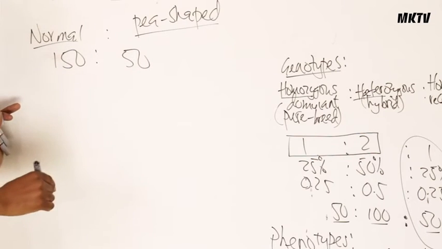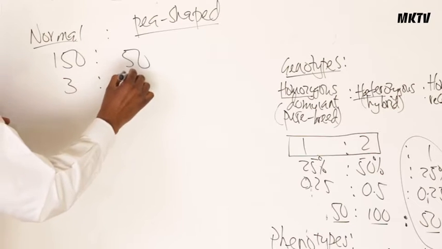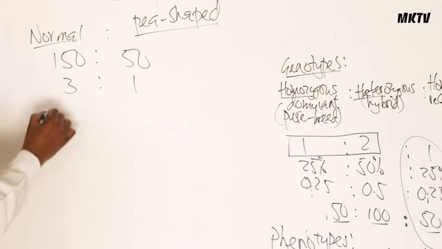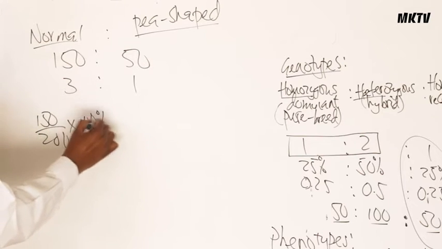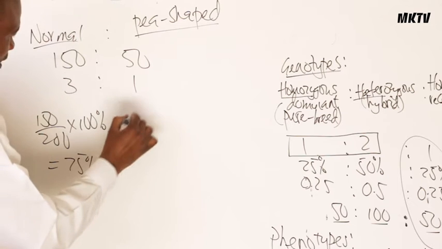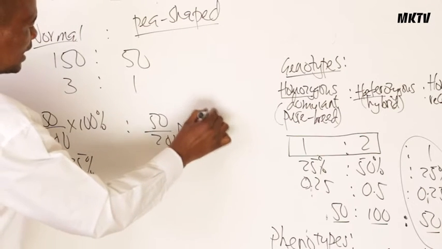If you check your numbers very well, if you apply your maths, you see that the ratio is going to be 3:1. If you express it in percentage, it will be 150 of 200 multiplied by 100%. Surely you shall have your 75%. And this one is 50 out of 200 times 100%.